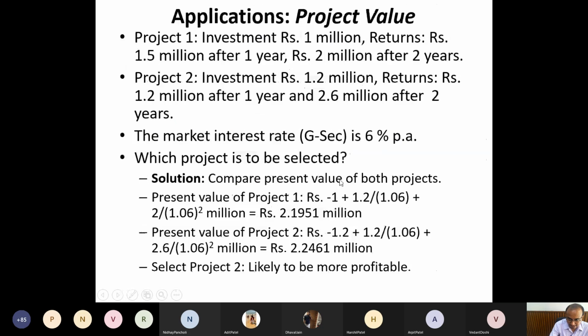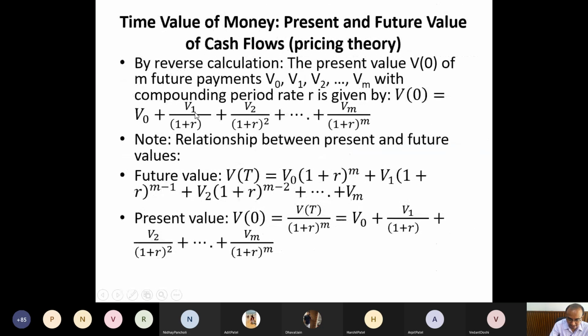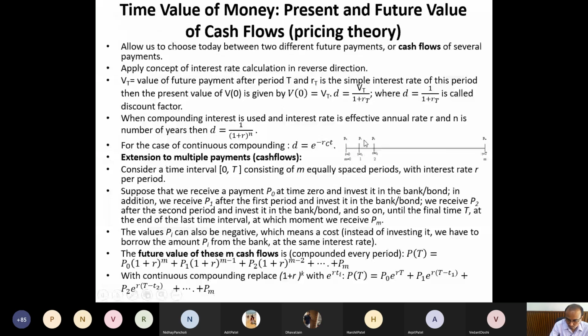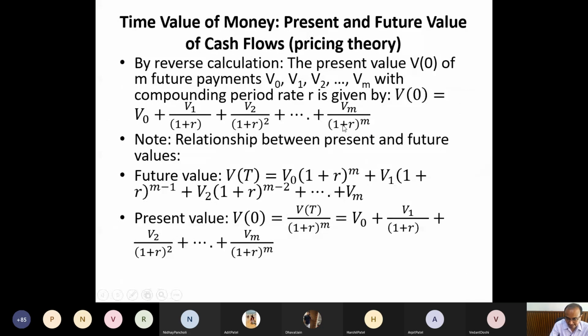With compounding at rate R, it is V1 divided by 1 plus R, then V2 at the second interval. So it is V2 divided by 1 plus R square, and the last one is Vm divided by 1 plus R raised to m. So if I have to pay these amounts in future, then how much amount I need at present, that I can calculate if I invest in an instrument which gives me the return R at compounding rate at every interval. Okay, then this will be my present value.